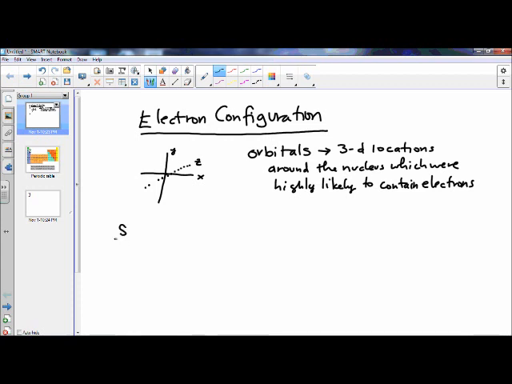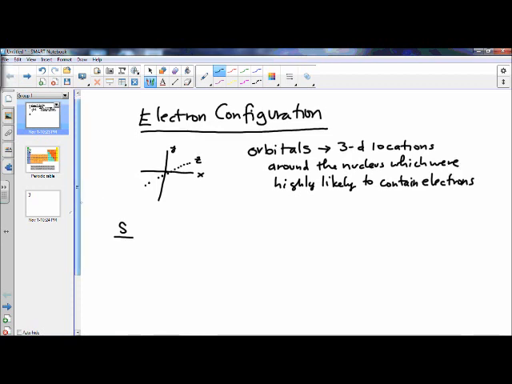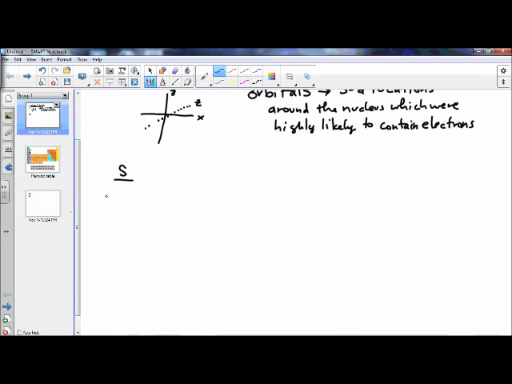The first type or shape of orbital is the letter S. S stands for sphere, and that's exactly what they're shaped like. They're round like a ball. That would be the nucleus in the center, and they are capable of holding a maximum of 2 electrons.